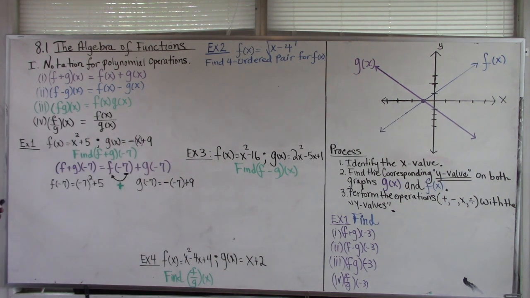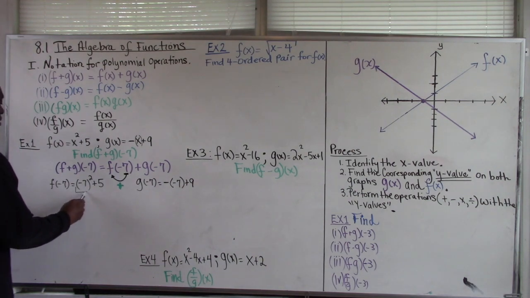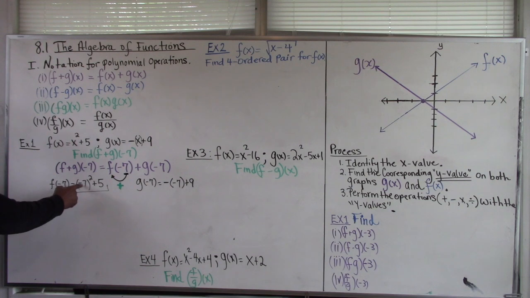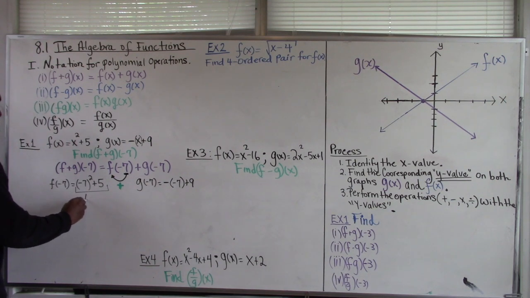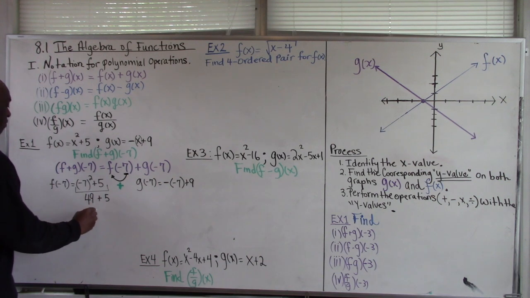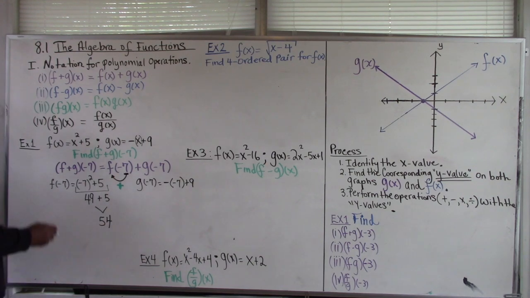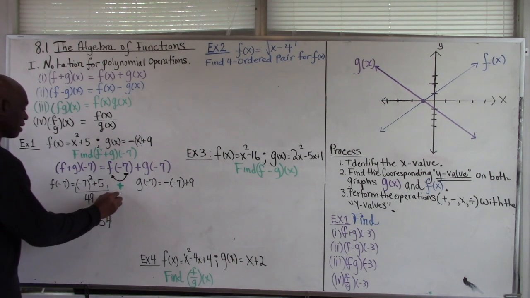And so what are we going to get right here? Well, negative 7 squared is 49 plus 5. And 49 plus 5 is going to give us 54. Got it. Bring down the green plus sign.